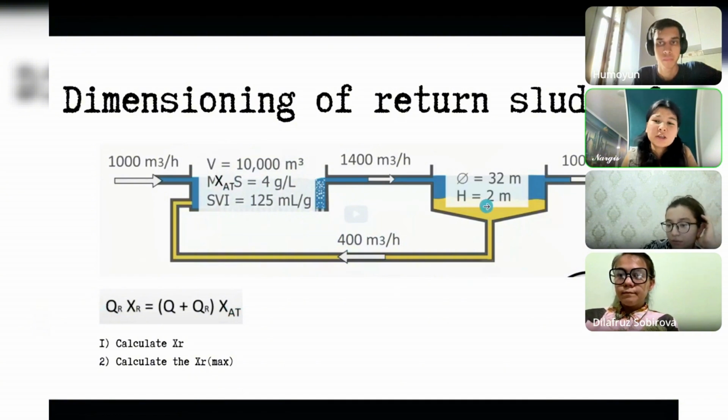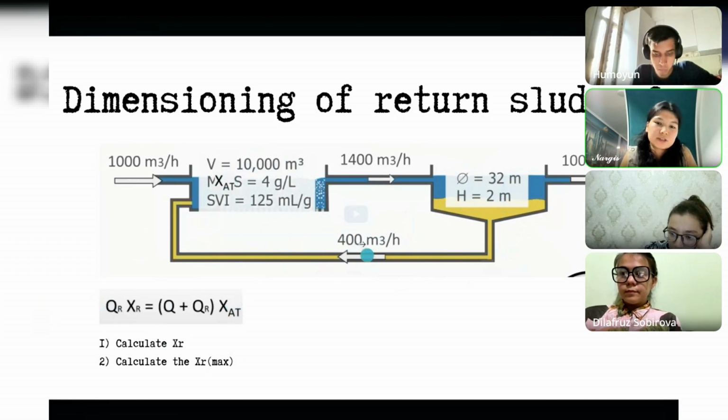Usually, if the design was good enough, you should just put more of these clarifiers and then you will not have this problem. But if you do, then you just increase this one, because decreasing the concentration very fast is not feasible, right? So this is what happens during wet seasons, and you know that now.